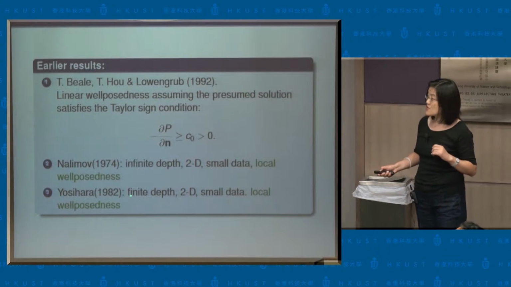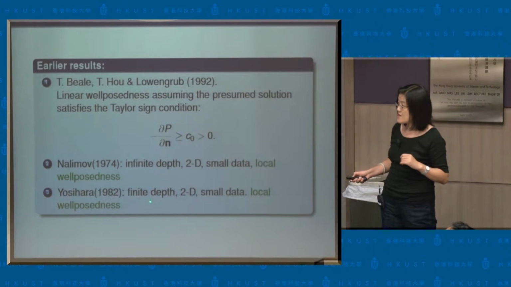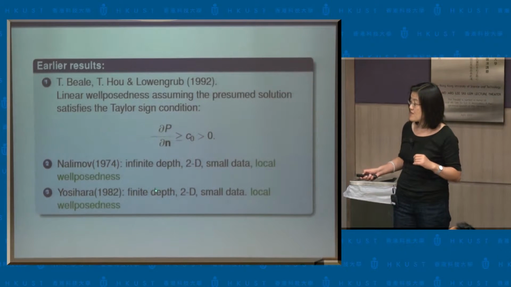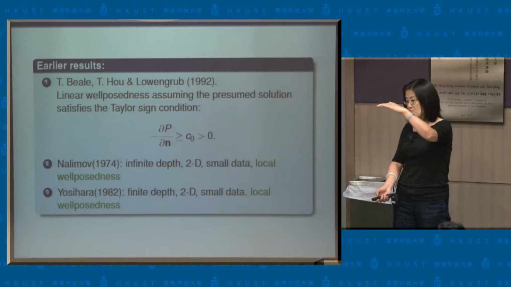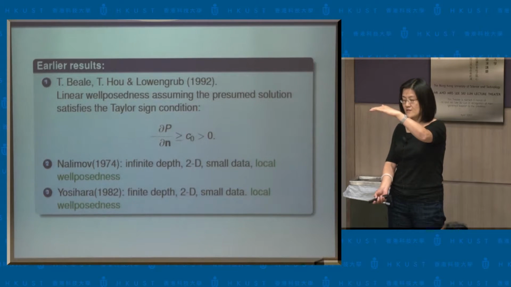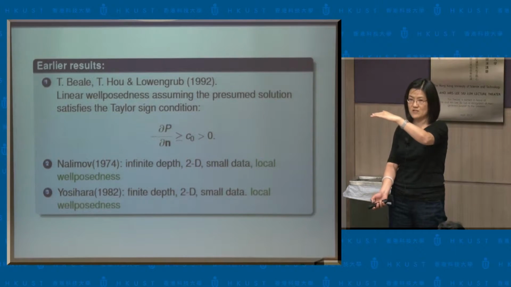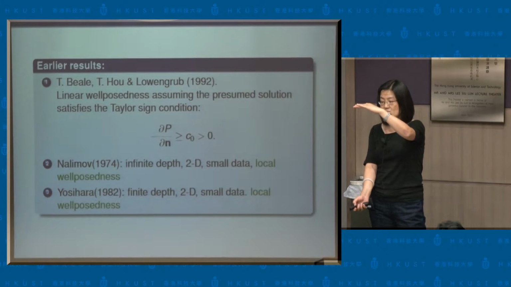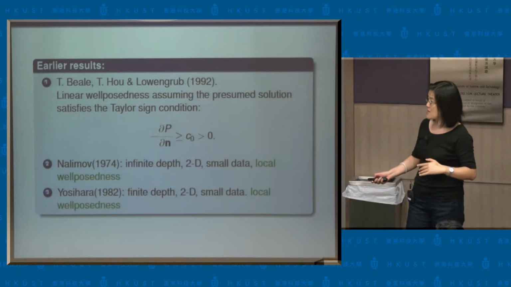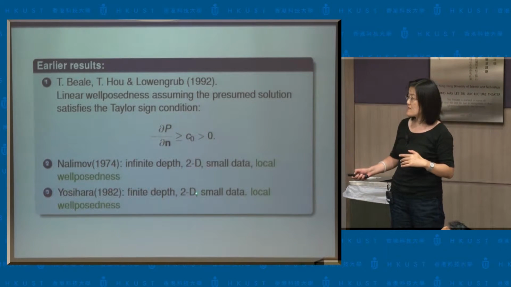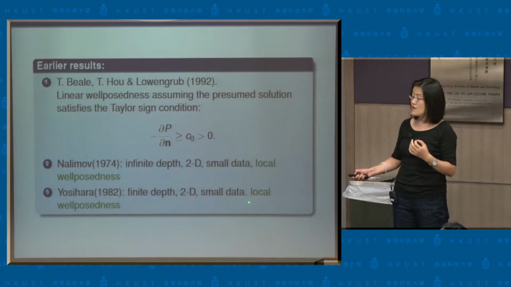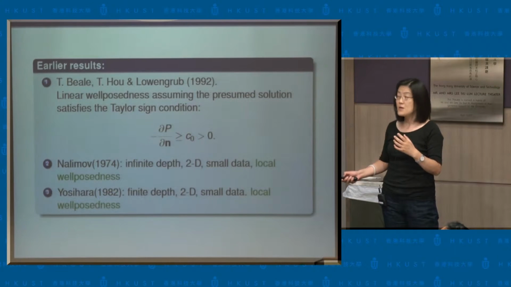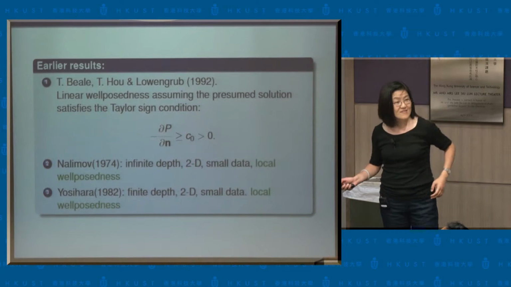Yoshihara proved the same result by adding a bottom. But for finite depth, the bottom has to be strictly away from the interface, so we are not talking about a beach, where the interface and the bottom intersect. If the distance is strictly positive, the problem is also well posed. That means for an initially small and smooth surface, it remains small and smooth for a short period of time.